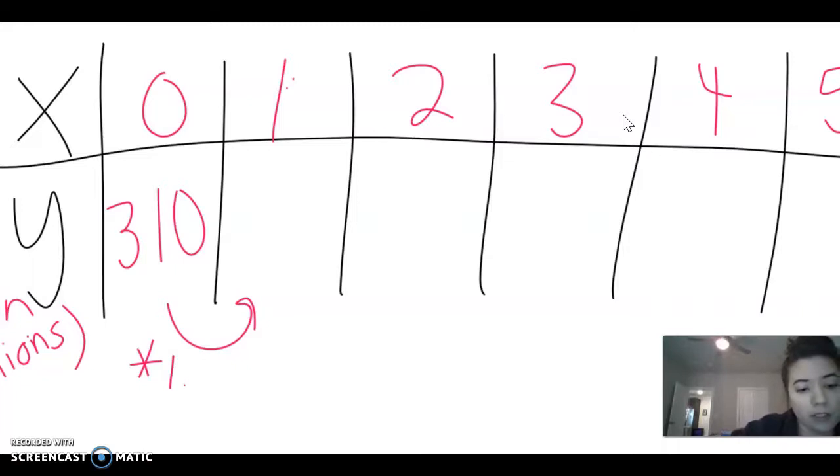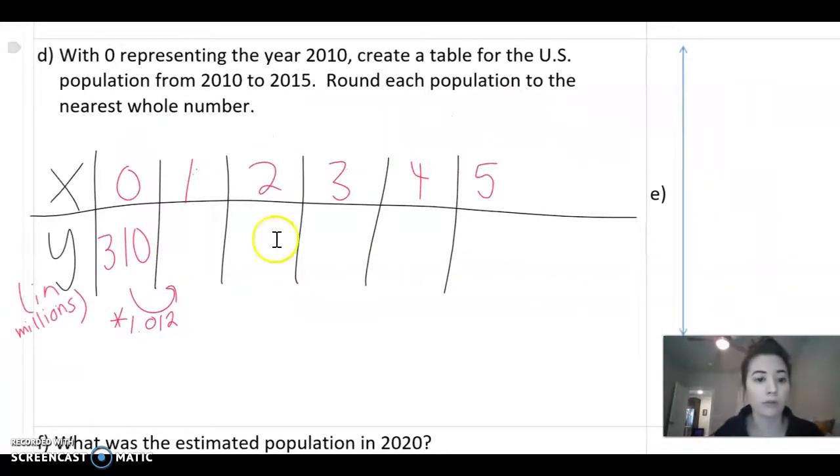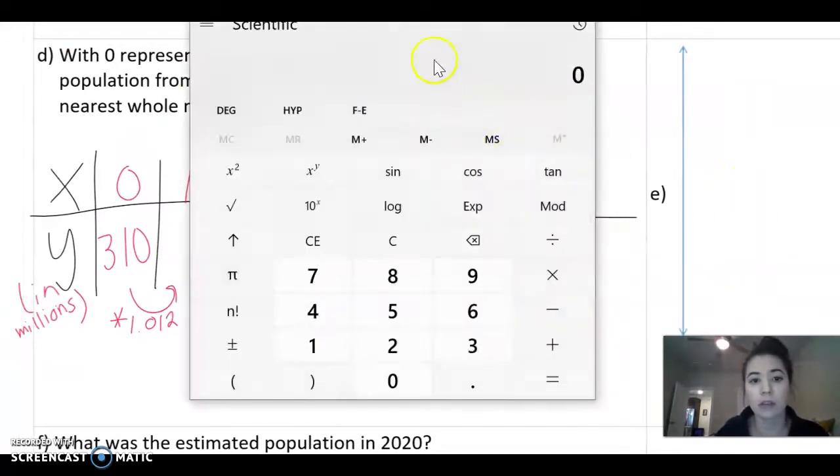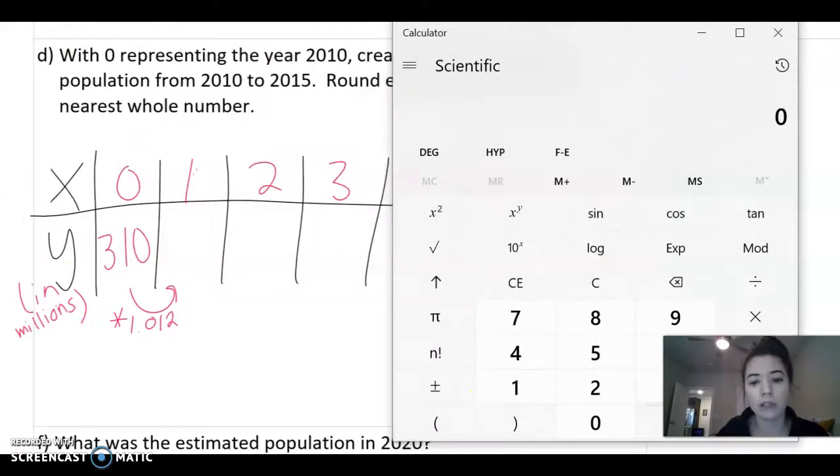Multiply by 1.012. And we're going to do that each time as we work down the table. So in my calculator, I'm going to do 310 times 1.012. And we get 313, and I'll round up to 314.